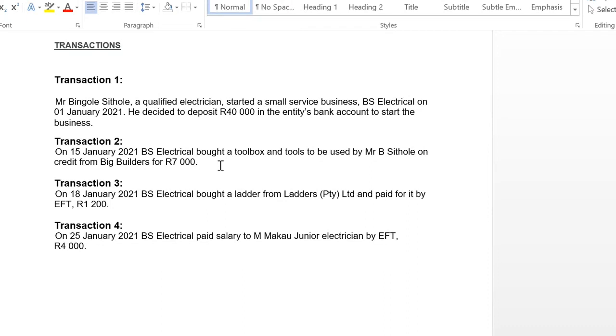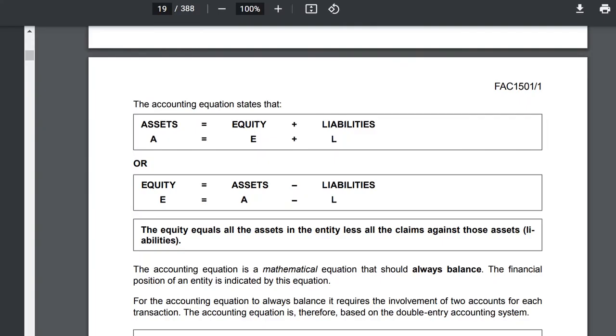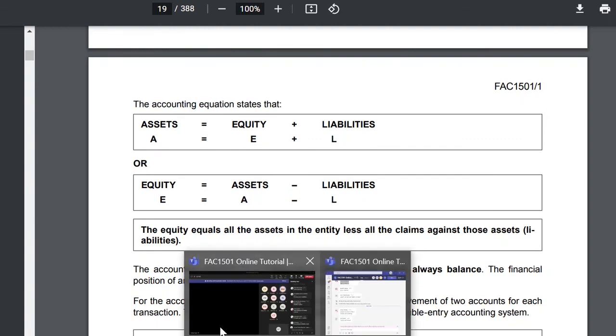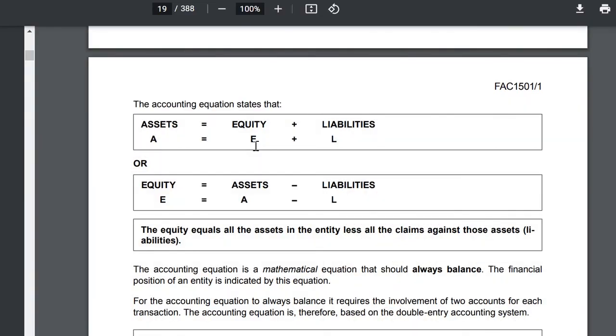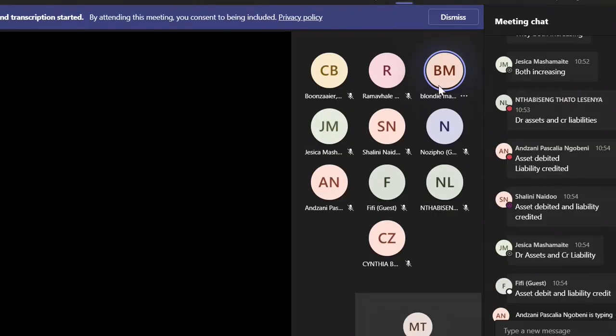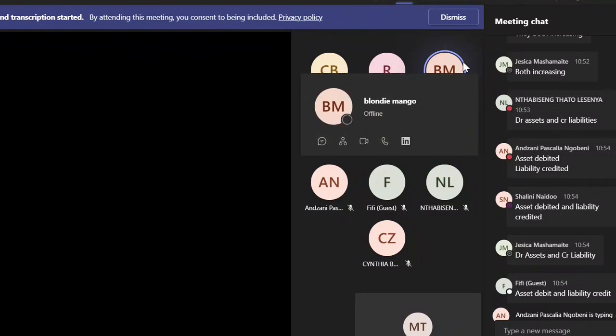Equipment is increasing and creditor is increasing. How will this affect your accounting equation? Asset is going to be plus 7,000 and the liability is also going to be plus 7,000. Can you see that your accounting equation balances? Yes. Thank you, Blondie.